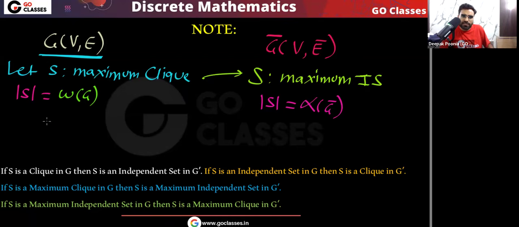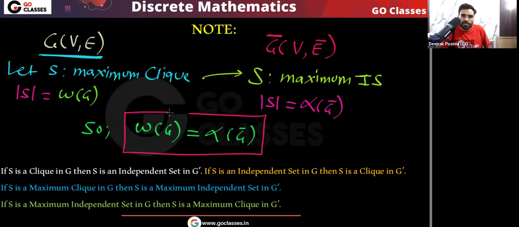So overall I can say that omega of G is the same as alpha of G complement. This means the clique number of G is the same as the independence number of G complement. The size of the largest clique in G is the same as the size of the largest independent set in G complement.